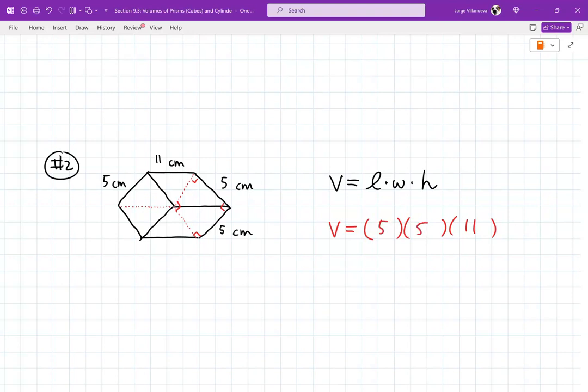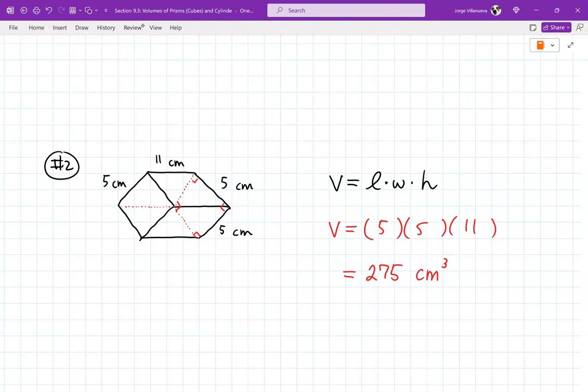So even if I put 5, 11, 5 or 5, 5, 11, I'm still multiplying everything by the same numbers. So 5 times 5 is 25. 25 times 11 is 275. So that's 275 cubic centimeters.